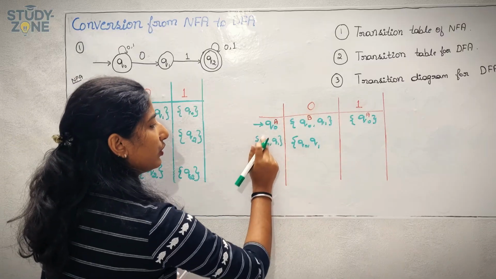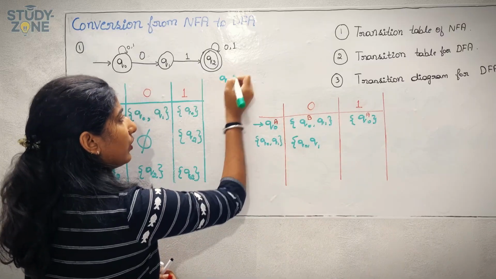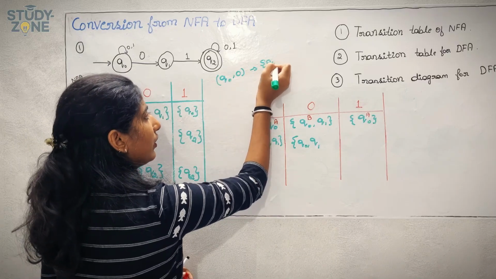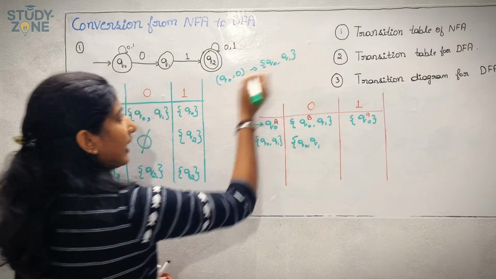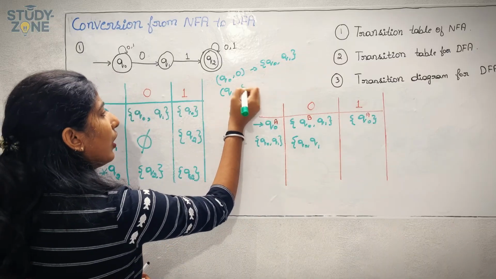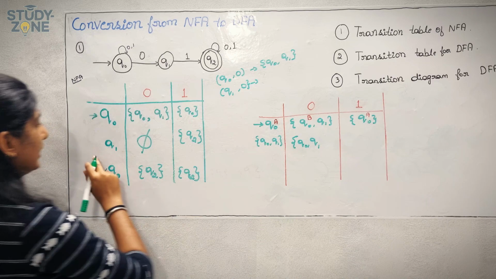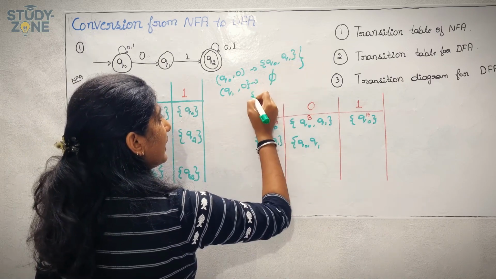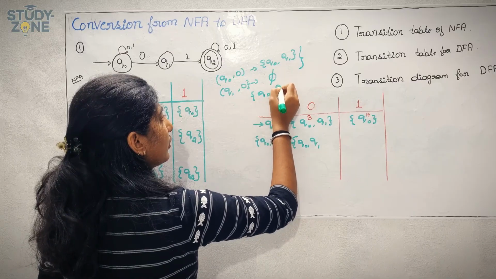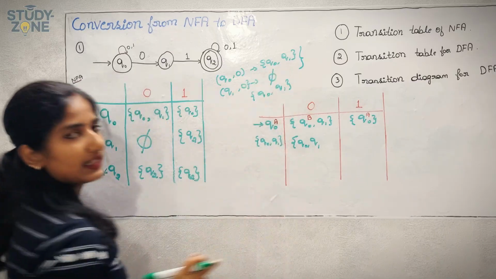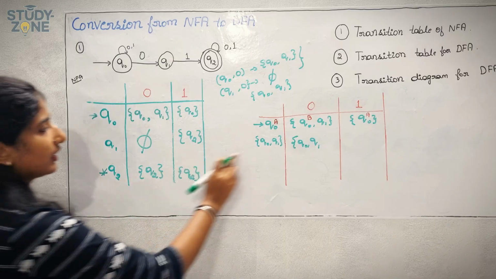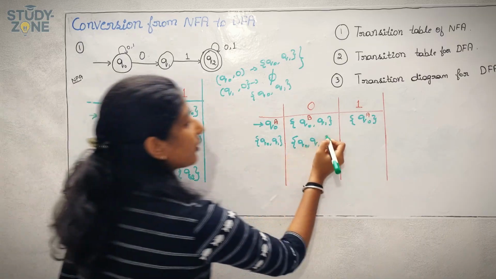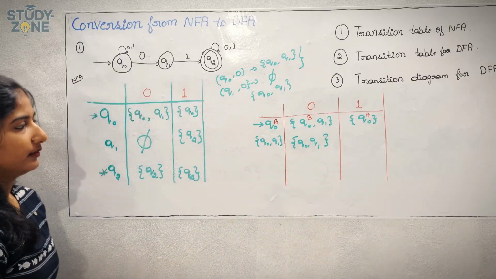At first check it for Q0: Q0 on 0 will be moving to Q0, Q1, right? And Q1 on 0 will be moving to the null set. Now combine these two. It will be Q0, Q1. No need to represent the null set.